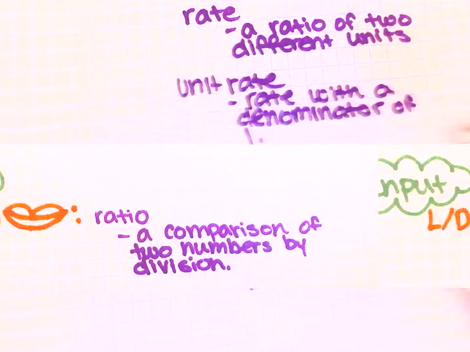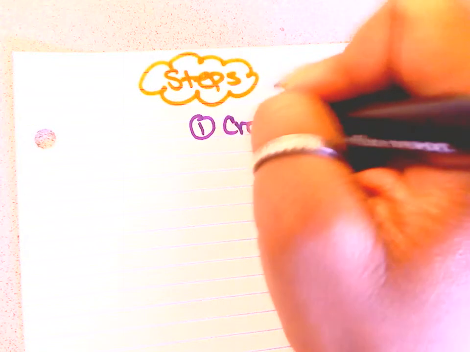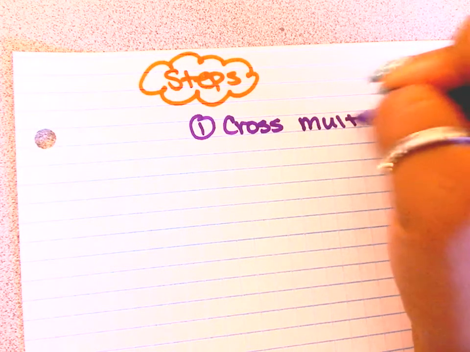Okay, so then I'm going to give you the steps for how to do this. So you're just going to write down steps on your paper. Step number 1 is you're going to cross multiply.